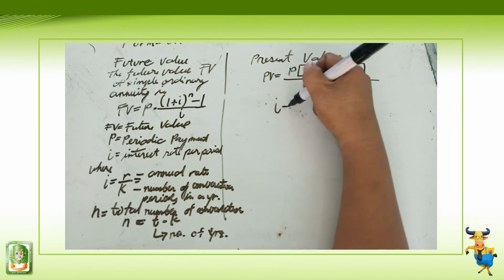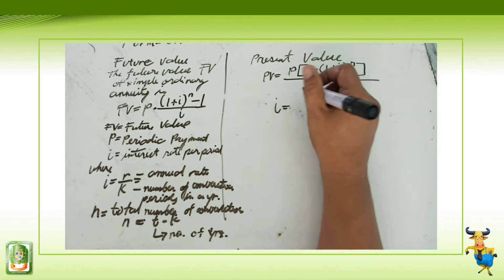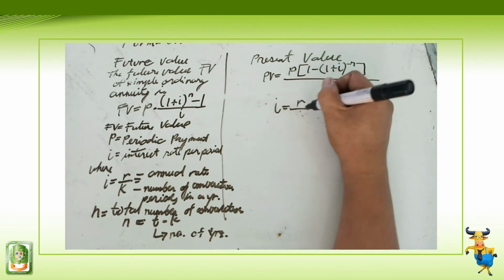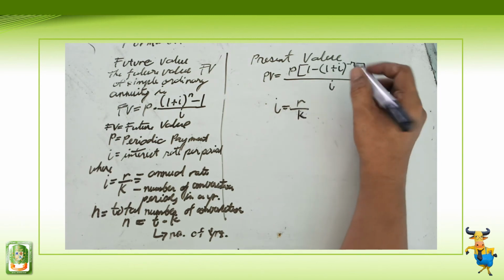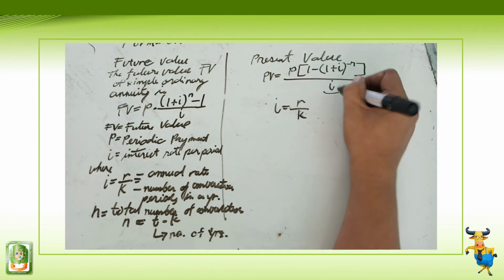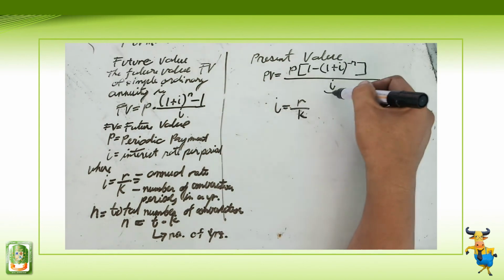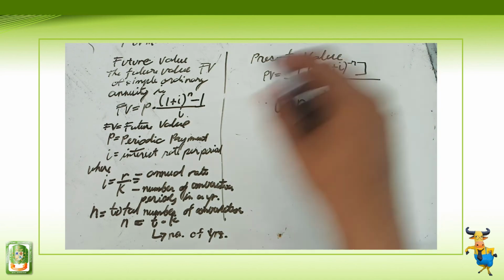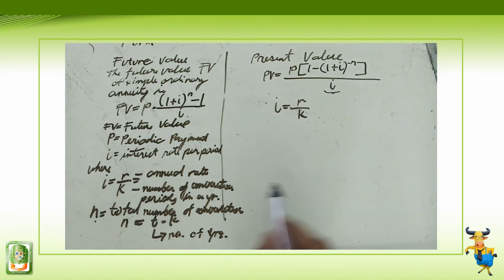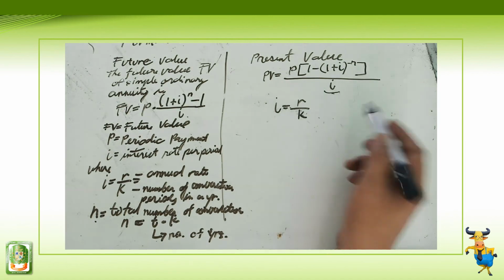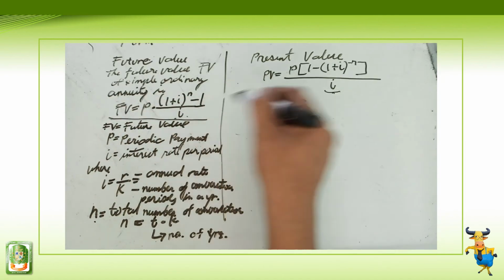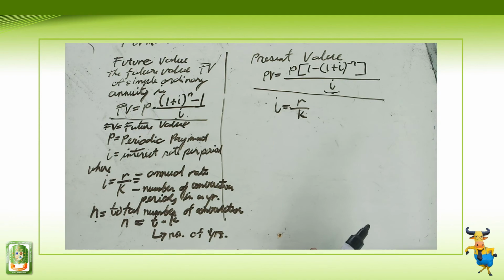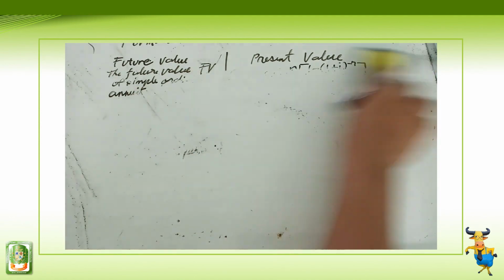Yung i natin dito, na kung saan r over k din tayo. Parehas halos sila ng future at ng present value. Ang hinahanap natin n, ganon din sa present value. So, ang pinagkaiba lang talaga nila is yung equations, yung formula. Bibigyan ko kayo ng example ng future at ng present value.